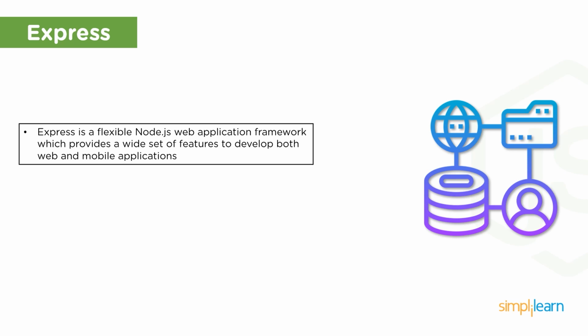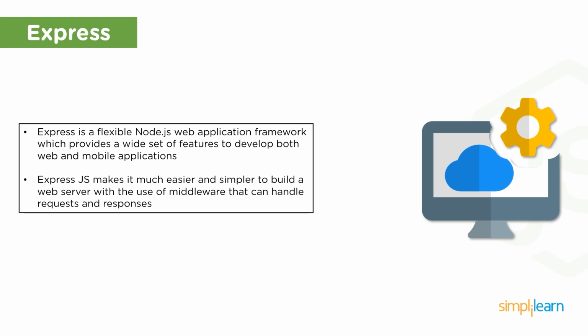Express.js is a really flexible Node.js web application framework. It is something you can spin up very quickly and build both web and mobile applications. Just a really great tool. I use it all the time for building my own applications.